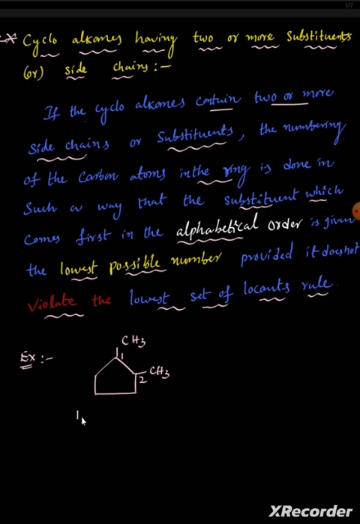The name of the compound is 1,2-dimethylcyclopentane. This is example number 1. Then example number 2.